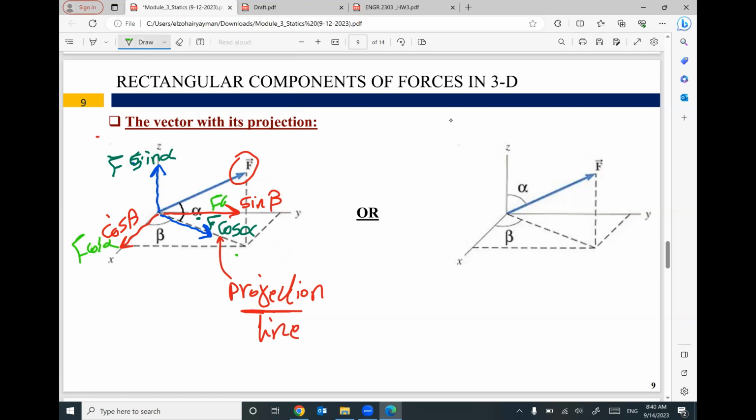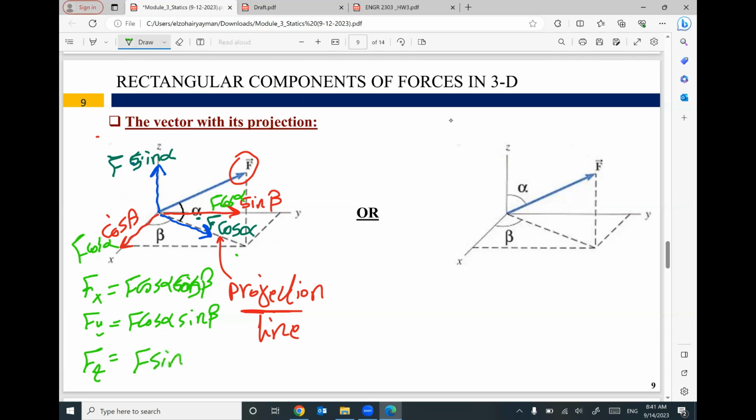By the end, you can figure out the x, y, and z components of your force. Easy way. This one will be F cosine alpha sine beta. I'm sorry, this one is cosine beta. And the z component is F sine alpha.